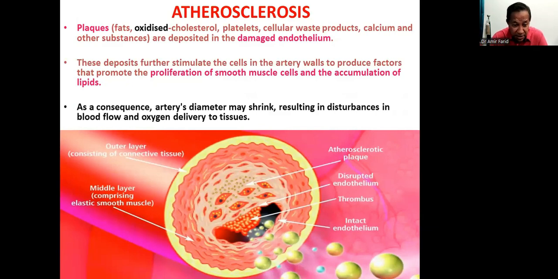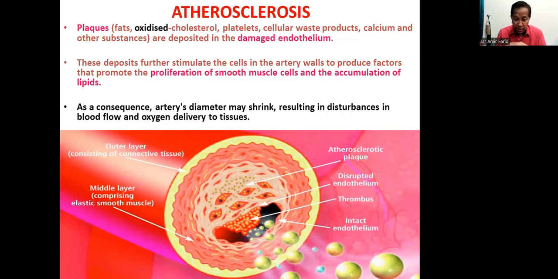Okay, this is a cross section. So you can see again, here on the lower right side, you have that part that is not affected, so the intact and healthy endothelium. And then you have the endothelium that is affected by the process. Below it is the atherosclerotic plaque, and above it is the blood clot, the thrombus, almost entirely blocking the lumen.